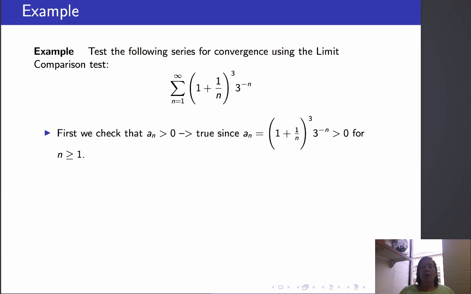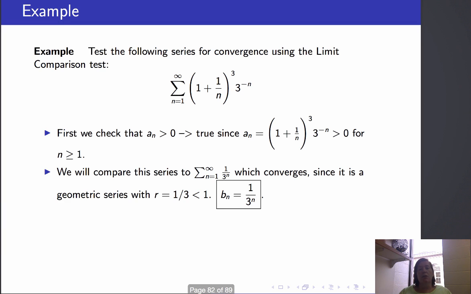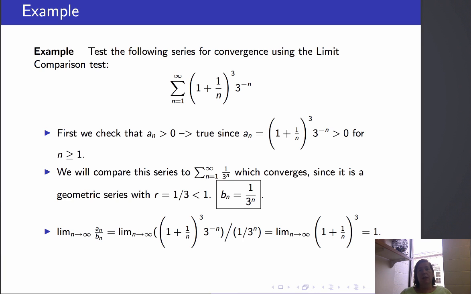Now the terms are positive for n greater than or equal to 1, so it's legitimate to apply the limit comparison test here. I'm going to compare the series to the sum of 1 over 3 to the n, and I know all about this series. I know it converges because it's a geometric series with r equals 1 over 3, which is less than 1.